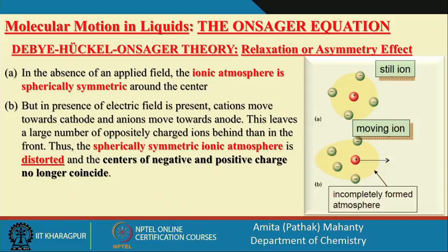This leaves a large number of oppositely charged ions behind than in front. In the front, the ionic atmosphere is not formed, while a large number of oppositely charged ions which were part of the ionic atmosphere are left behind.